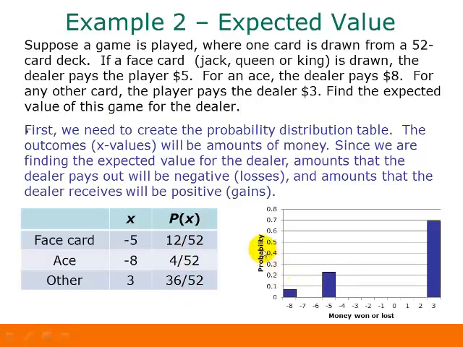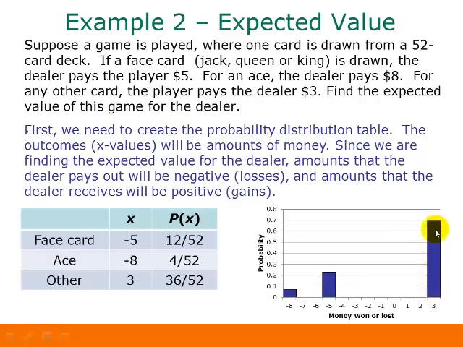And let's look at our probability histogram too. Here are our 3 outcomes. We have -8, -5, and 3, and we've got our heights as our probabilities. So we can kind of see from looking at this graph that this is very much skewed to the left.